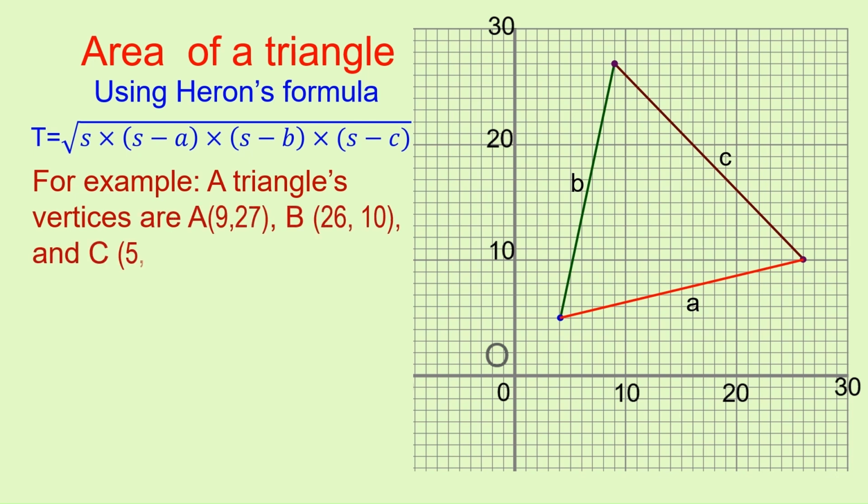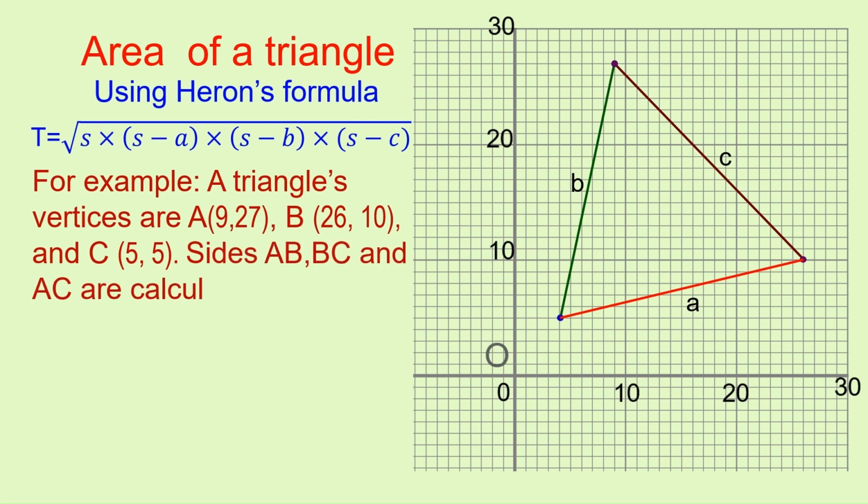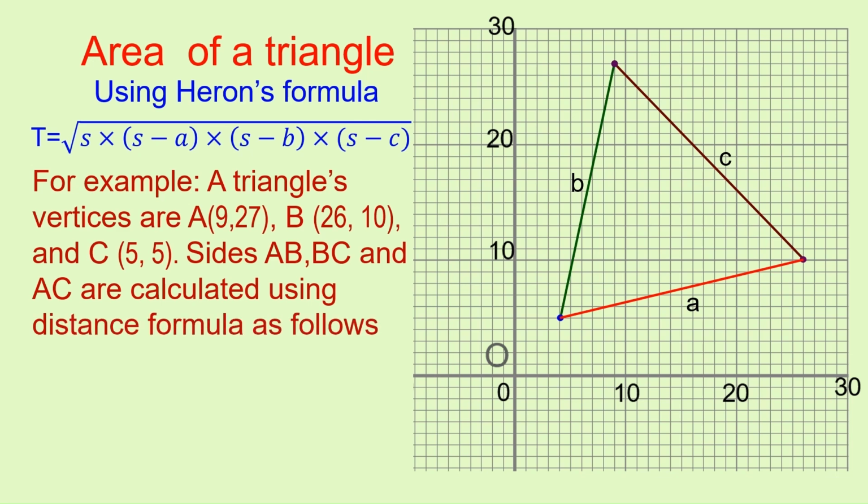For application of Heron's formula, area T equals square root of s times (s minus a) times (s minus b) times (s minus c). We take an example of a triangle whose vertices are A (9, 27), B (26, 10), and C (5, 5).